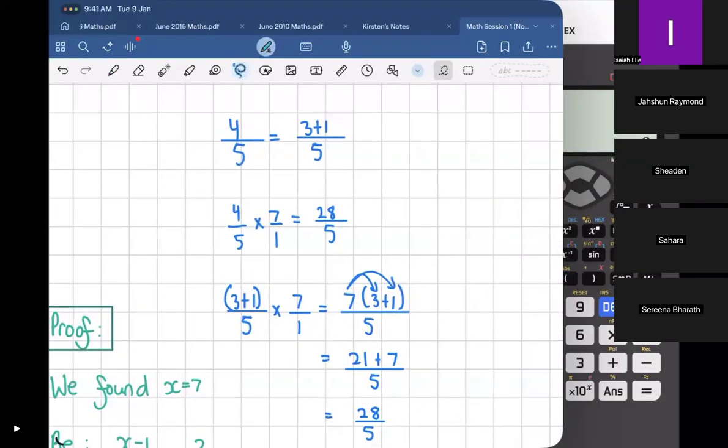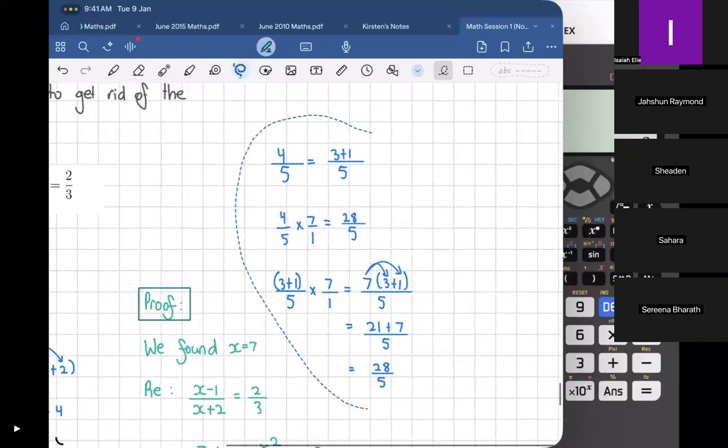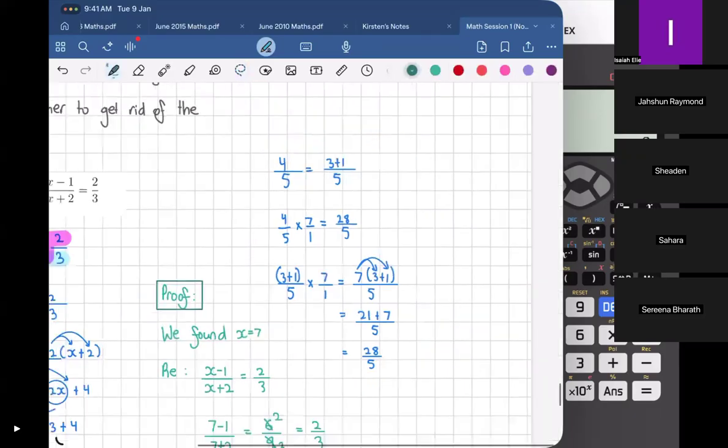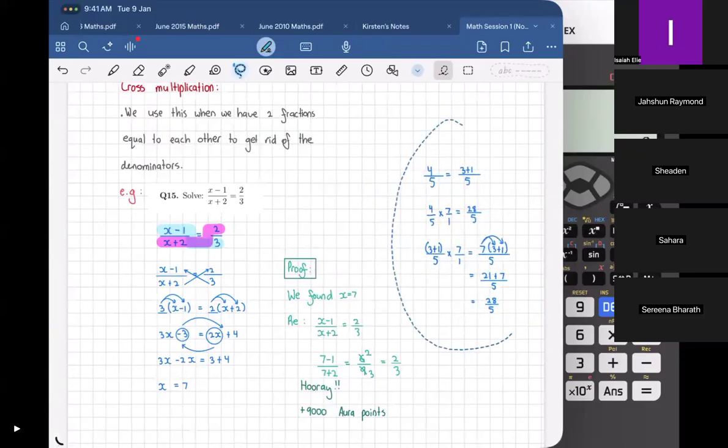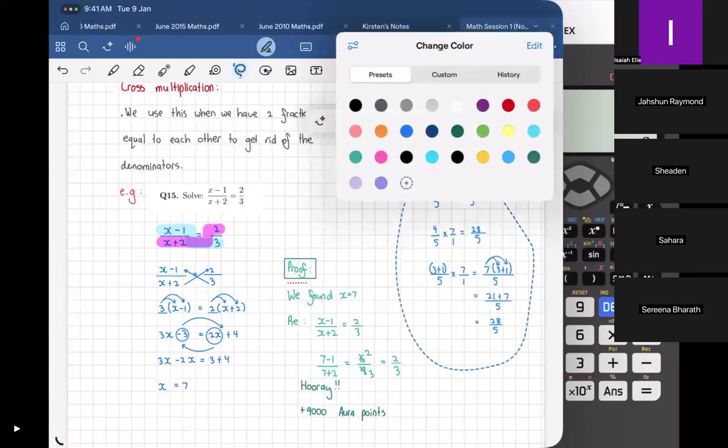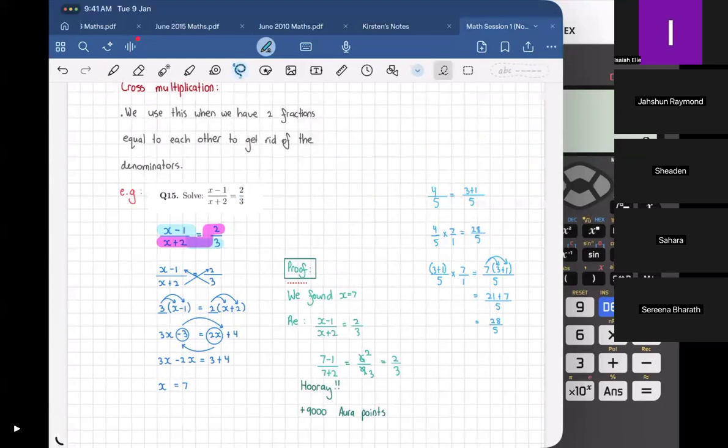Should I leave these little random side quest notes on the side? Should I leave them or should I erase them? What do you all think? You can leave them. Okay, I'll stick it to the side here. Put this in an unobtrusive blue and in a box.